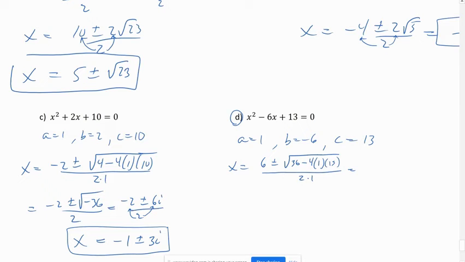And so we have 6 plus and minus the square root of 36 minus 4 times 13, so that's -16, over 2. So x equals 6 plus and minus 4i over 2, which simplifies to 3 plus and minus 2i.